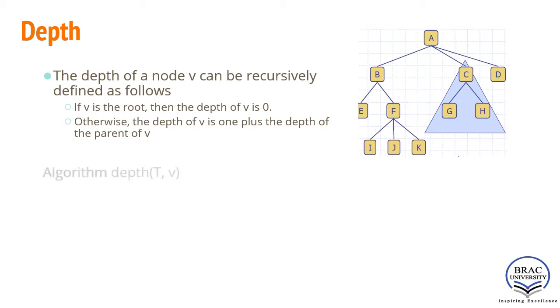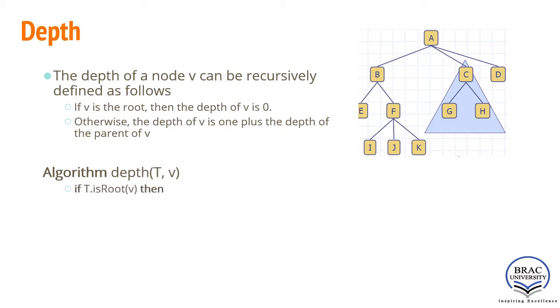So what will be the algorithm for depth? This is just a pseudo code, not specific written code in any language. So for this algorithm depth, there are two parameters. T means tree. Tree means actually there will be the root node, and V is the node of which we want to calculate the depth.